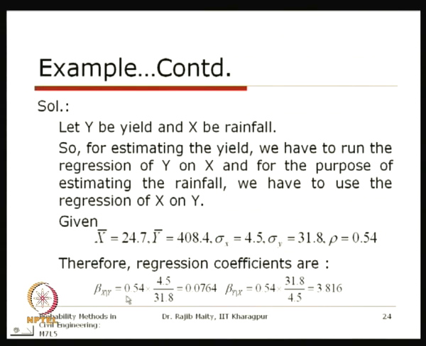So this is beta x given y, that is when we regress x on y. It is the correlation coefficient multiplied by the ratio of the standard deviations. So we get 0.0764, and on the other hand, when we regress y on x, the beta coefficient will be 3.816.